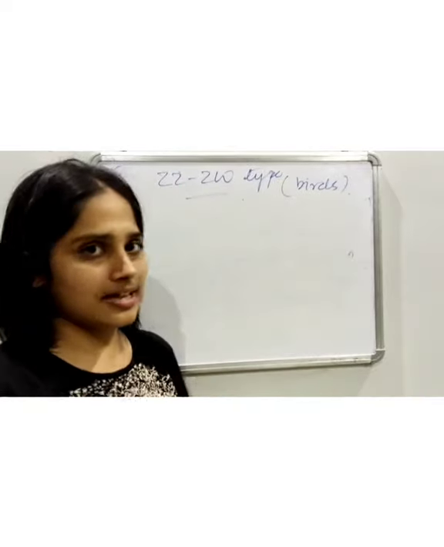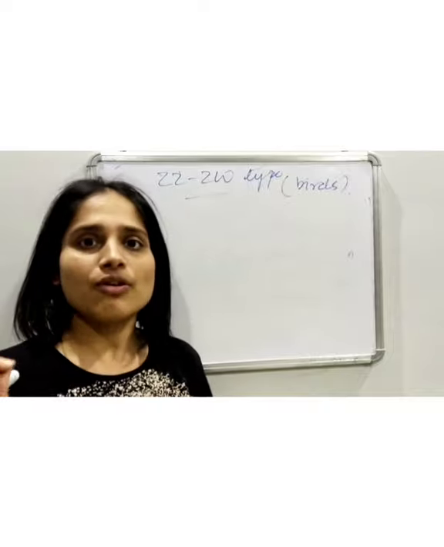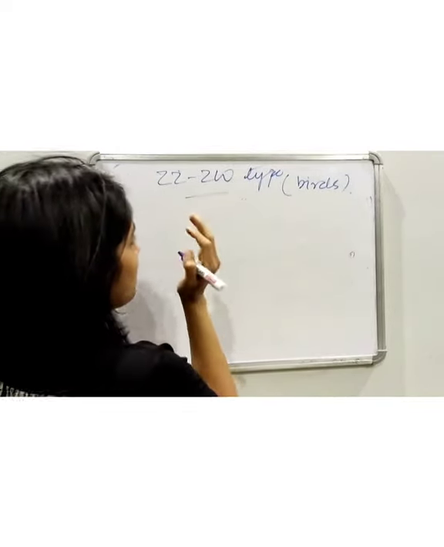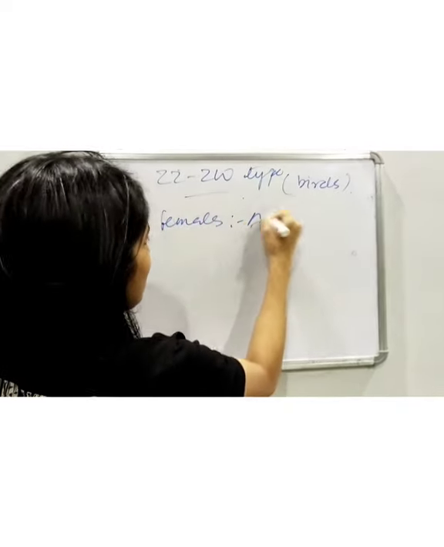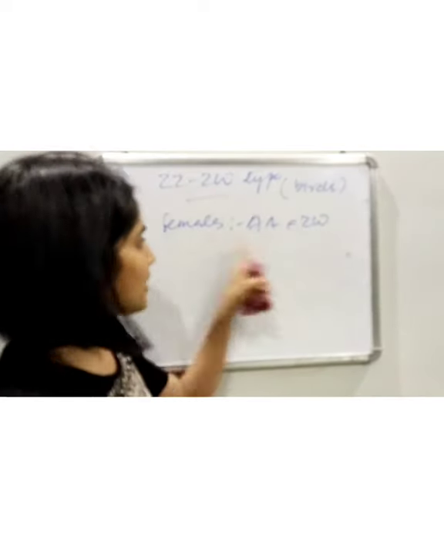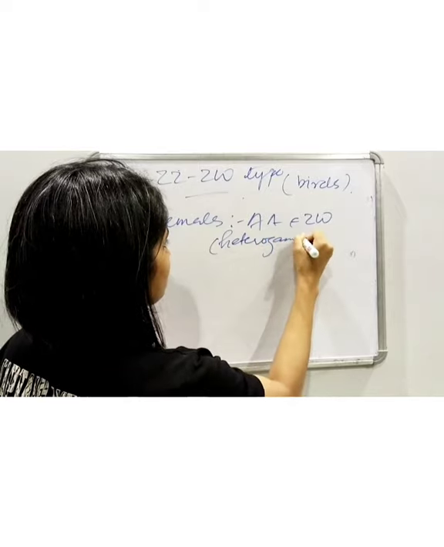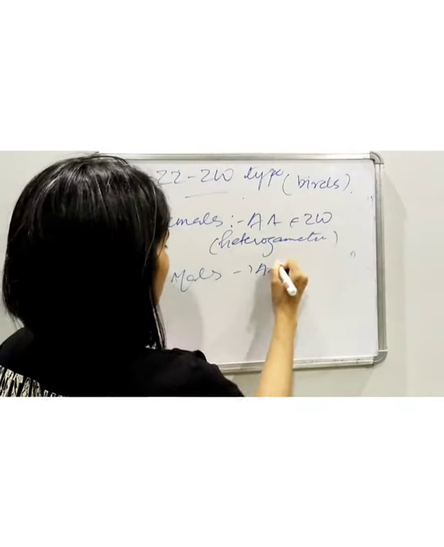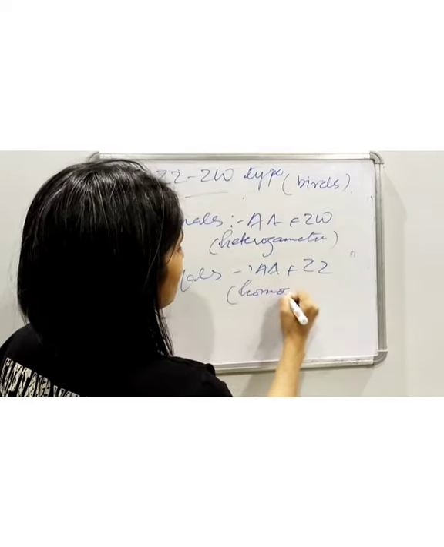But unlike insects and mammals, where males are heterogametic and females are homogametic, in birds the females are AA plus ZW, which means females are heterogametic in nature, and males are AA plus ZZ, which means males are homogametic in nature.